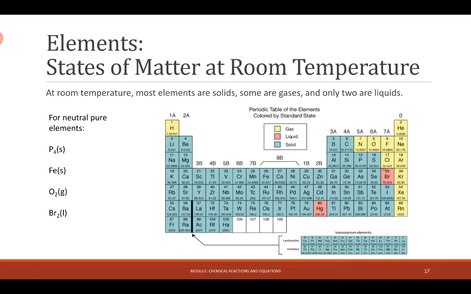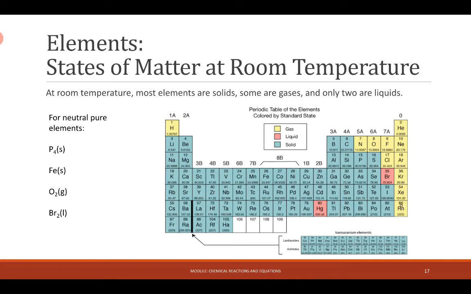There's only 2 elements that naturally occur as liquids at room temperature, and that's bromine and mercury. Gallium's melting point is slightly above room temperature, so it could be a liquid on really warm days. But we'll consider it a solid.